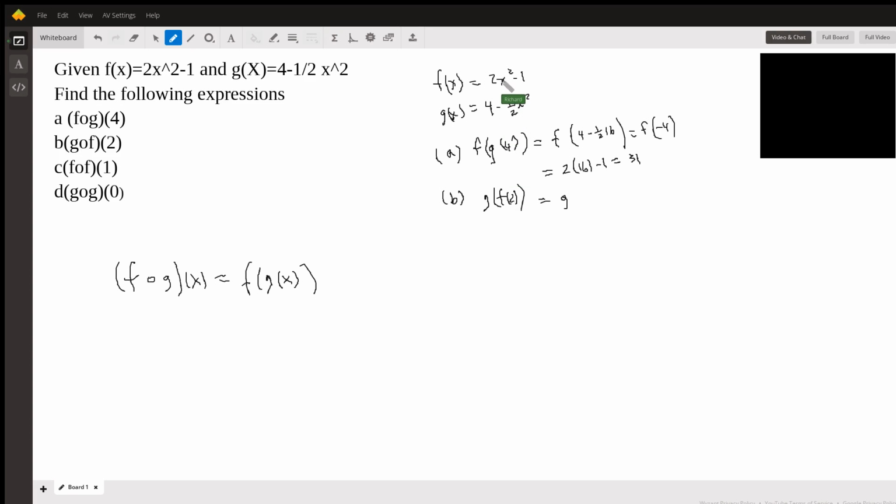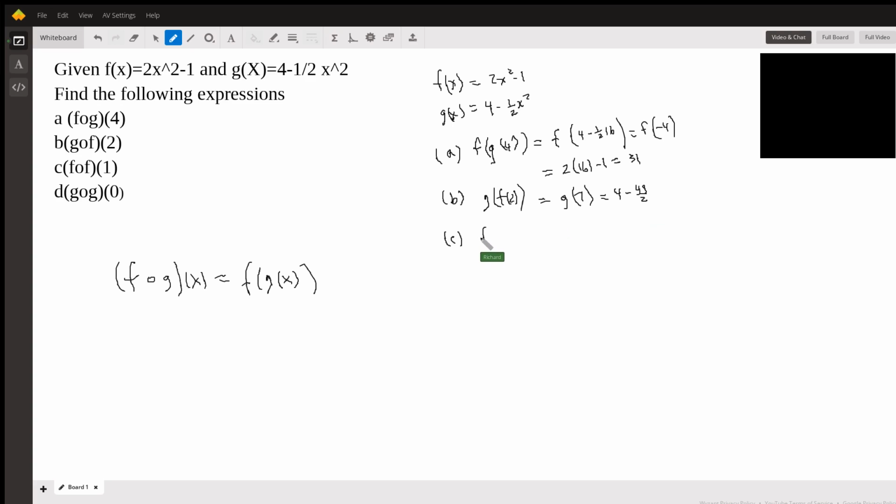So f of 2 is going to be 2 times 4, which is 8, minus 1, which is 7. And then g of 7 is 4 minus 7 squared, which is 49, over 2. That's B.